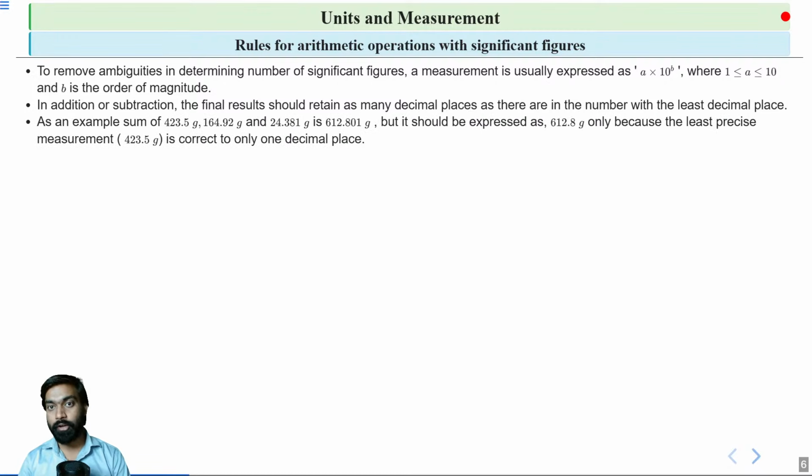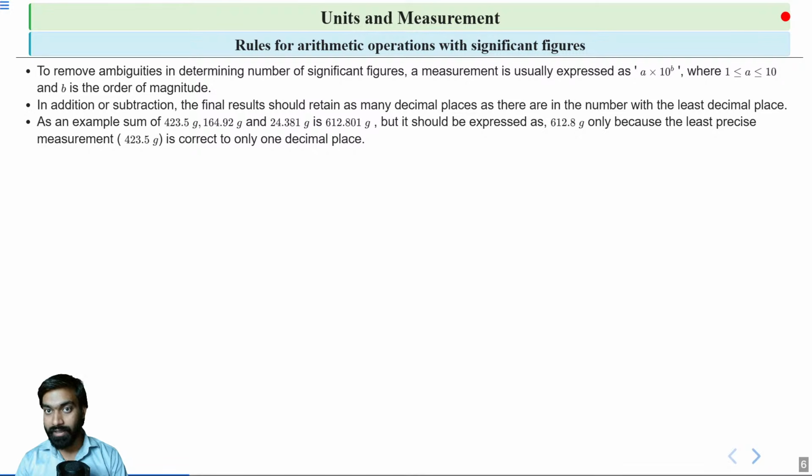Let's understand with an example. Listen carefully. The numbers are 423.5 g, 164.92 g and 24.381 g.